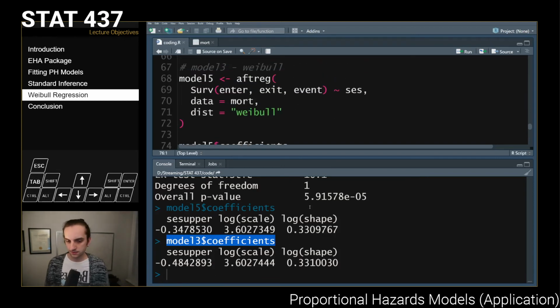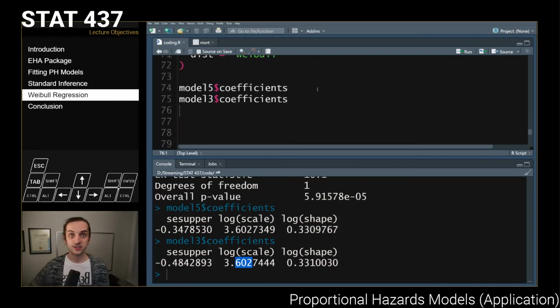The first thing to note is that with the way they are reported for model 5, you can see that we should get the same log scale parameter, right? So the log scale parameter is the same.